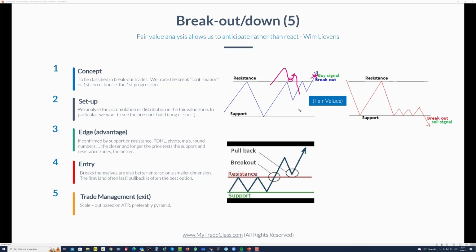So, number 4, and in my opinion the best option, is when you have a new high here, to wait for this level to break, 1 tick above, for example, and to enter there. Again, is this perfect?